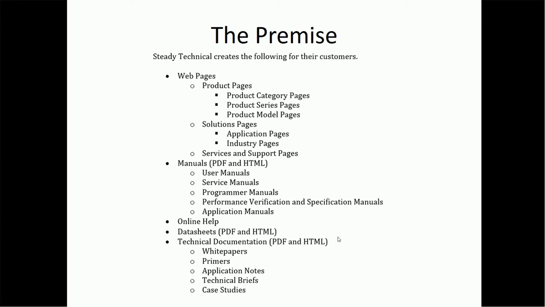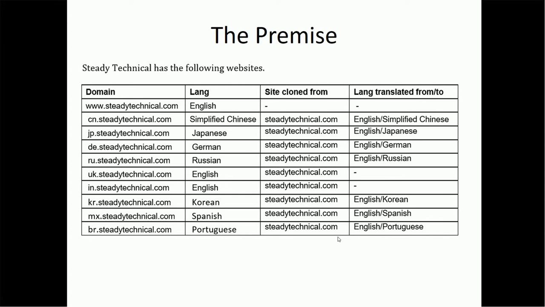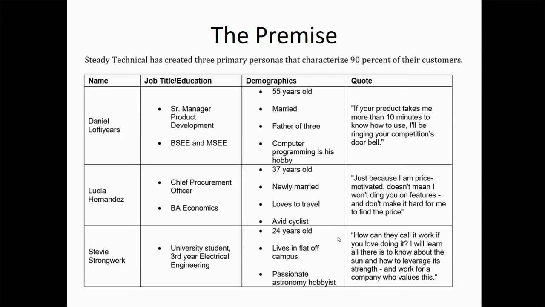Steady Technical creates web pages, manuals, online help, data sheets, and technical documentation. Steady Technical has websites in China, Japan, Germany, Russia, UK, India, Korea, Mexico, and Brazil. We have personas in Steady Technical.